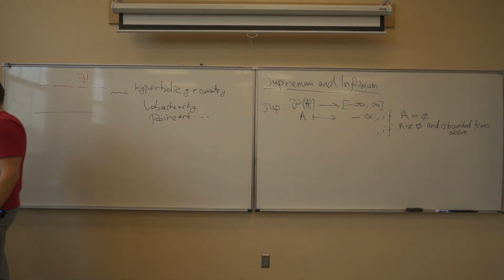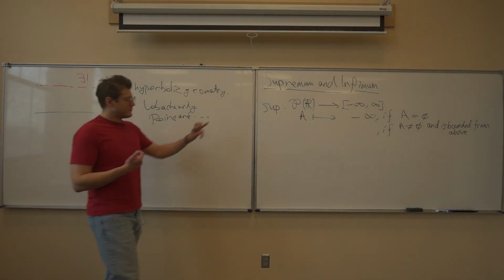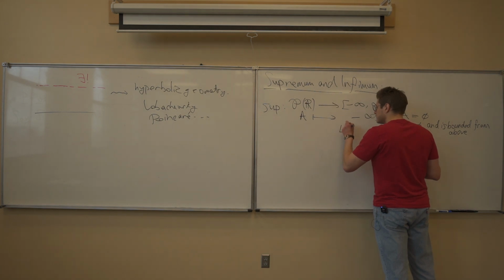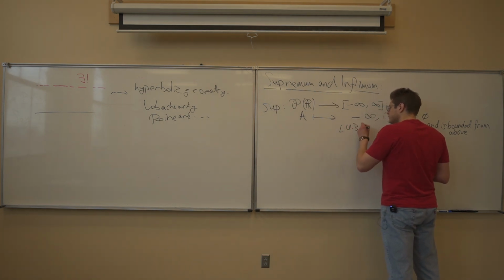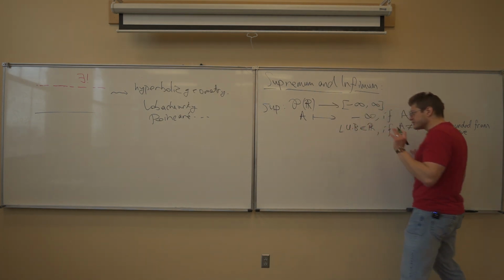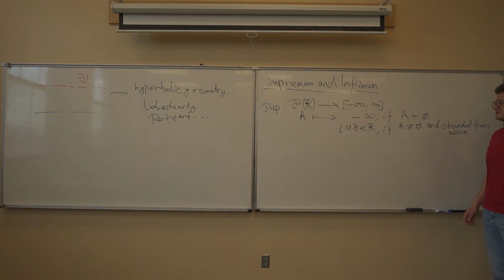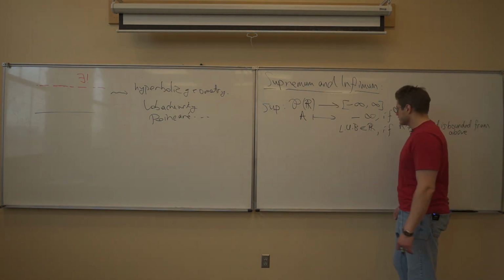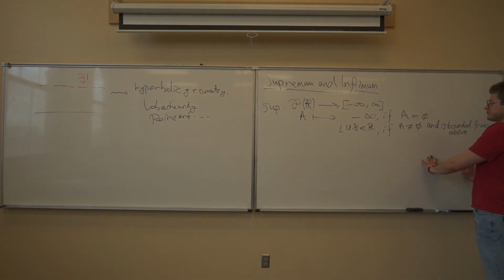That is to say, there's a number, an optimum upper bound for A. Supremum of A is going to be that number, the least upper bound. To emphasize, this is a real number. Finite, not infinite, not this bizarre stuff. It's an actual number. And the third option is A is non-empty, but is not bounded from above.